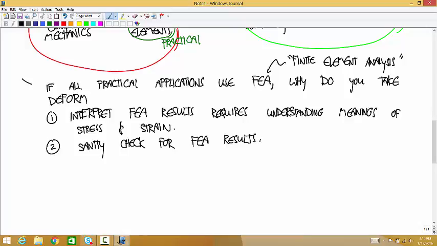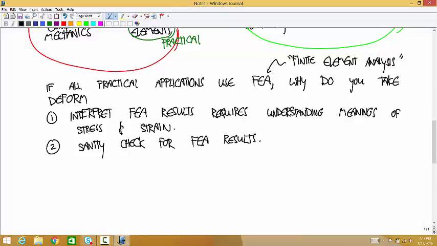For example, in this class we're only going to be able to do calculations for very simple geometries, like a hollow circular tube or something. In a real application, you might have a tube that has a varying cross section, or it might be circular at some point.